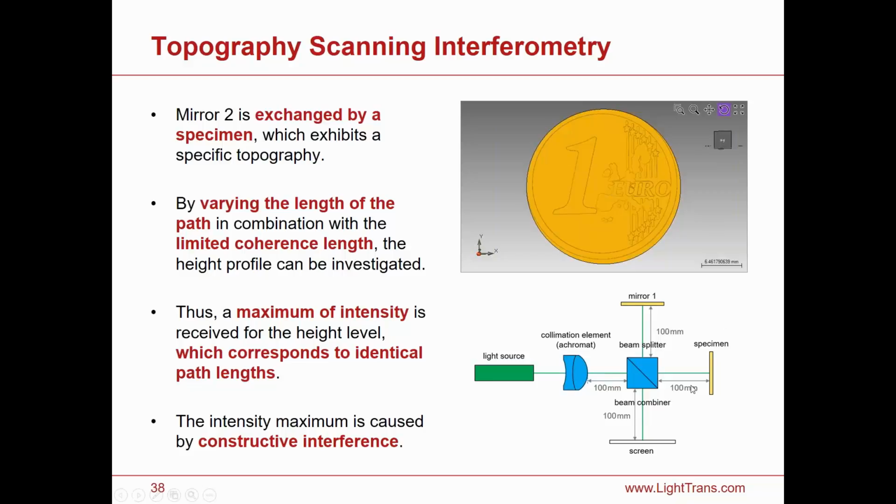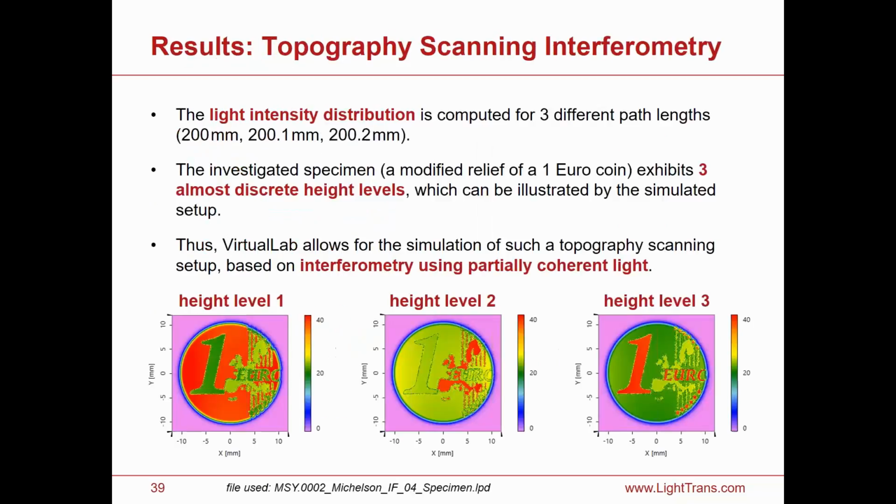And by varying the path length of the measurement path, we can use the limited coherence length and set the path length to different height levels, and we only see the maximum of constructive interference if the path lengths are identical. And what we get is that for different path lengths, we get different intensity modulations.